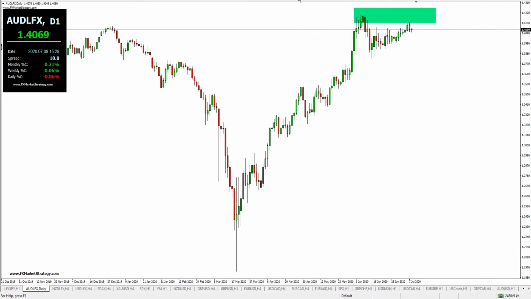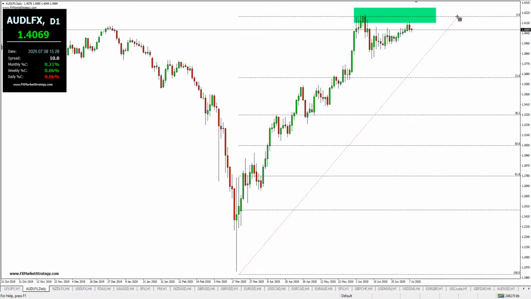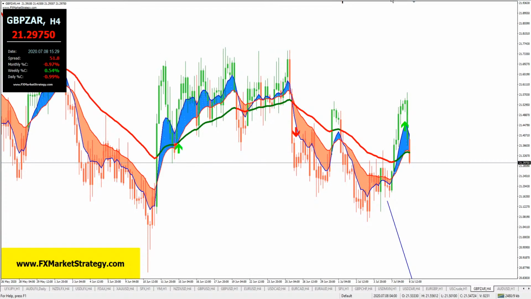And if you just do a correction to here, that's huge. Okay guys, watch out. That's probably the first level. So Australian index, New Zealand index are going to be weak. And so Australian Canadian, New Zealand Canadian, probably a good sell right now. We always say don't trade those pairs.